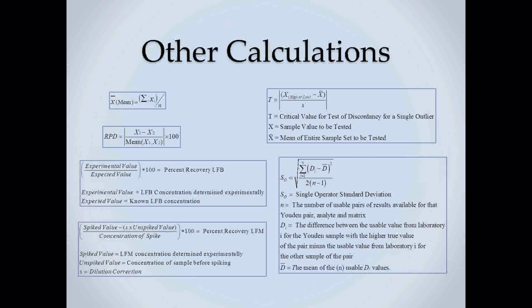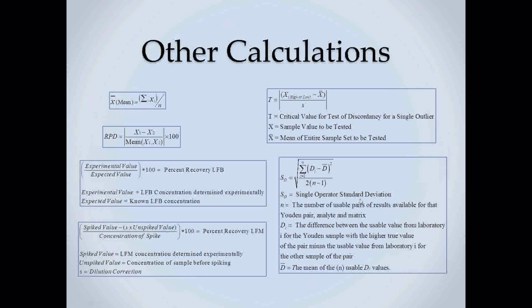The outlier analysis allowed us to discard one data point out of everything. So we used all the other data, warts and all, in the sense of wanting a very robust method. And then down here are the ASTM calculations, and that is for the single operator standard deviation.